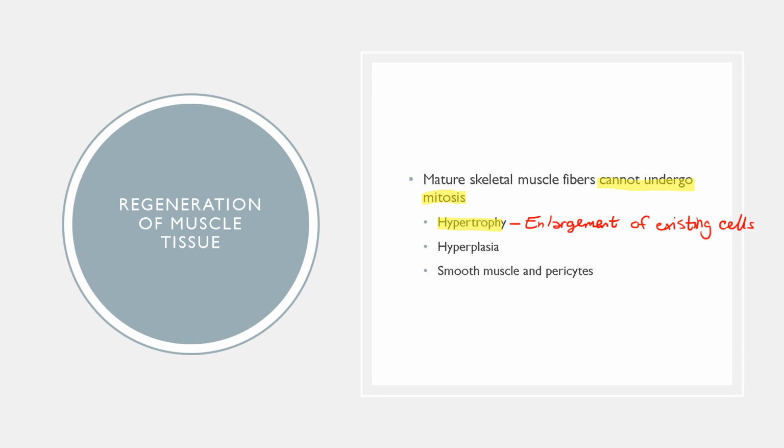And it will go through hypertrophy rather than hyperplasia, which is an increase in the number of fibers, or in the number of cells. In other tissues, hyperplasia is the increase in the number of cells by mitosis, by the division of existing cells. And because these mature skeletal muscle fibers can't undergo mitosis, hyperplasia generally doesn't occur. So we're mainly going to just be growing the existing cells.